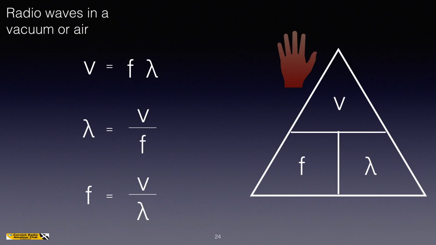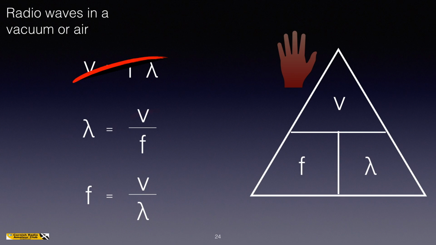Let's see why. Well, for radio waves in a vacuum or in air, V equals F lambda, we don't need that. We already know what V equals. It equals the speed of light. In other words, 300 million meters per second, or putting it another way, 3 times 10 to the 8th meters per second.